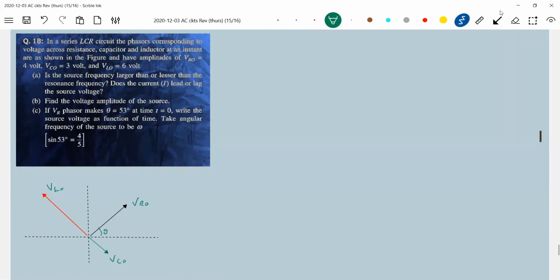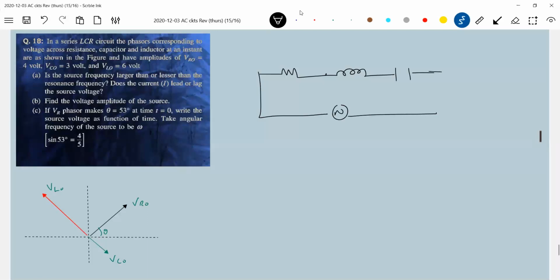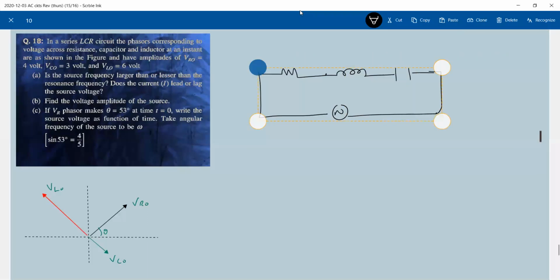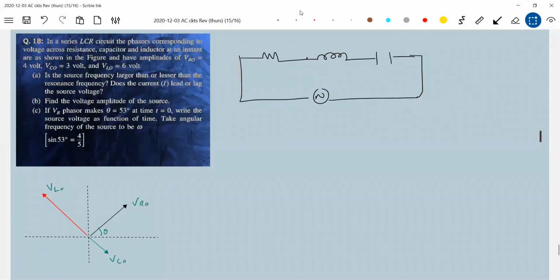This angle is theta. It's a series RLC circuit. There's a resistance, an inductor, and a capacitor connected across an AC source. It is showing their vector relationship now. So what is actually the vector diagram?